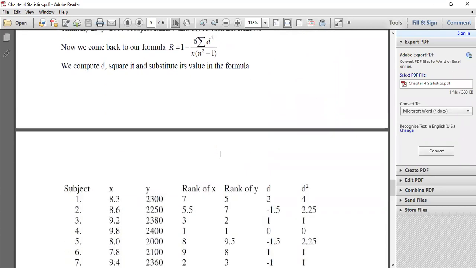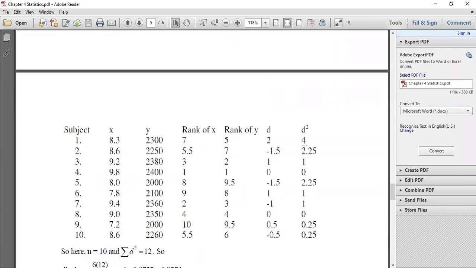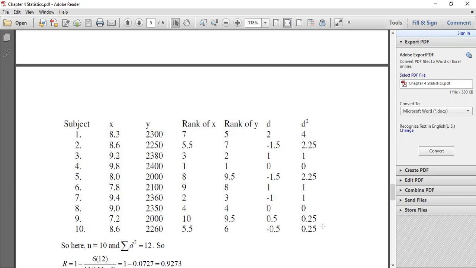All the values you've gotten for the D squared in this column, once you sum this column, it gives you the summation of D squared, and that is 12. Yes, it is. So that's how you get the D squared.